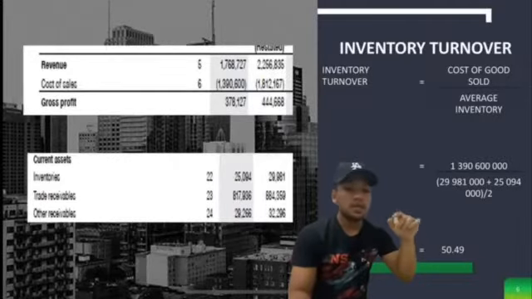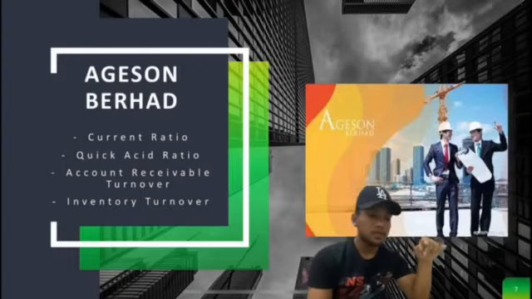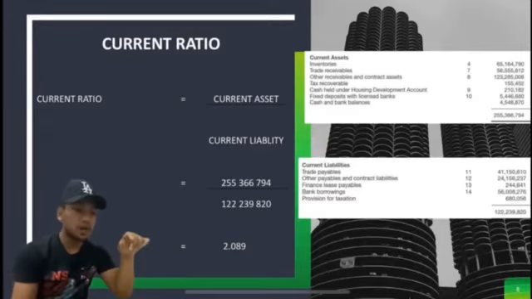And lastly is inventory turnover. The formula of inventory turnover is cost of goods sold divided by average inventory. So I get 50.59 for the inventory turnover.